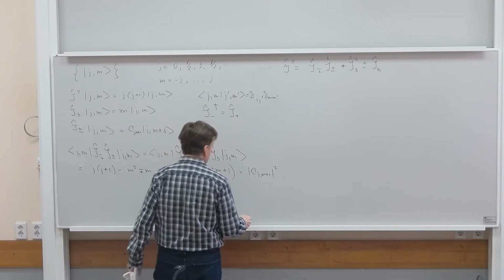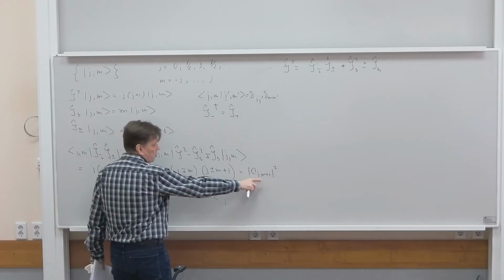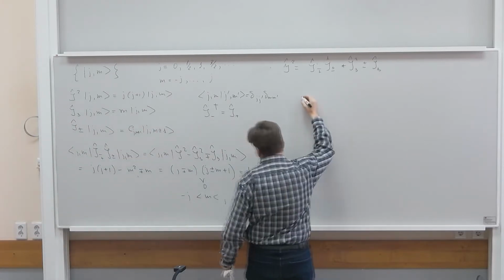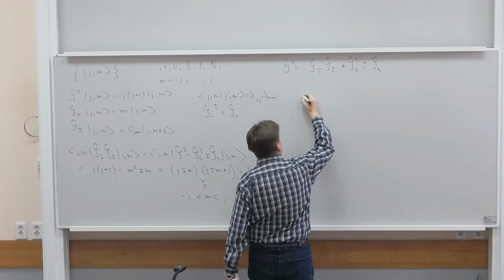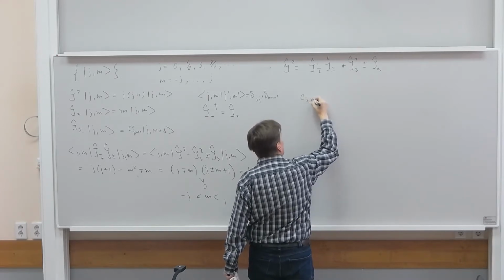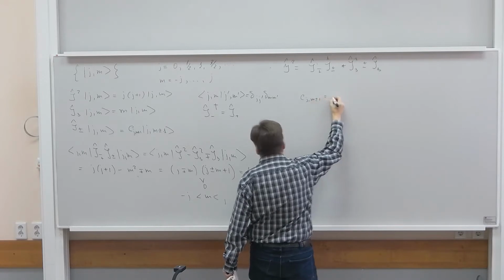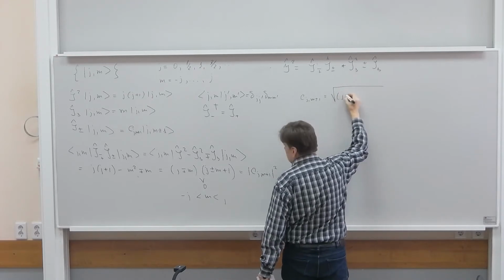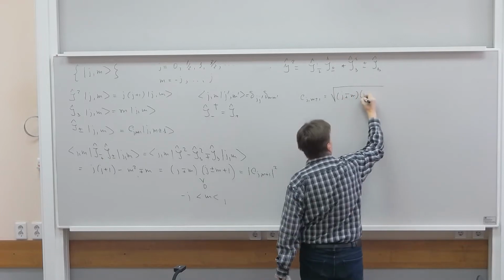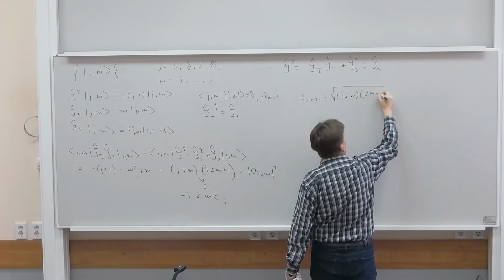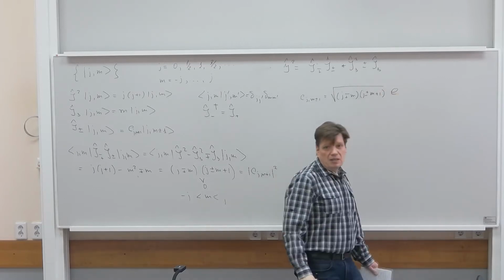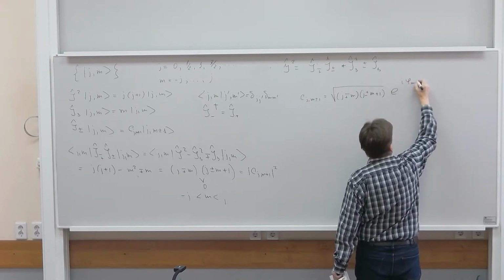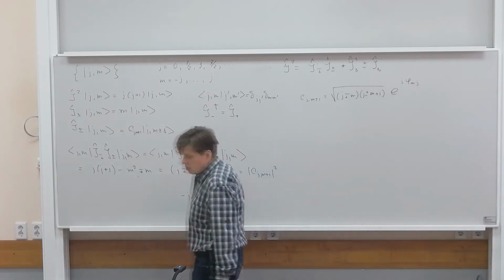So we know the absolute value of the complex number C. So in terms of Euler's formula, we can write this complex number C_jm as the square root of (j ∓ m)(j ± m + 1) times some phase factor e^{iφ_j}, where φ_j is an arbitrary real number.